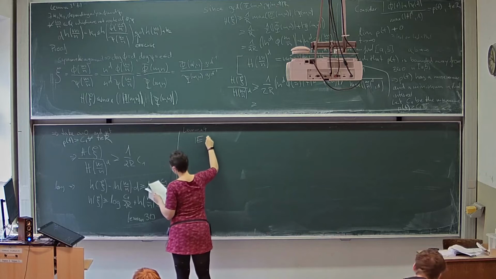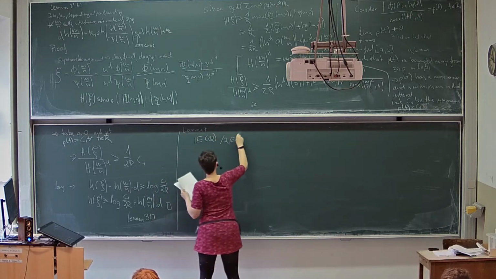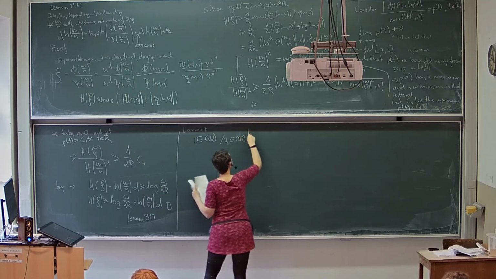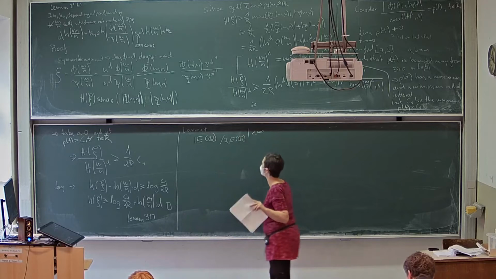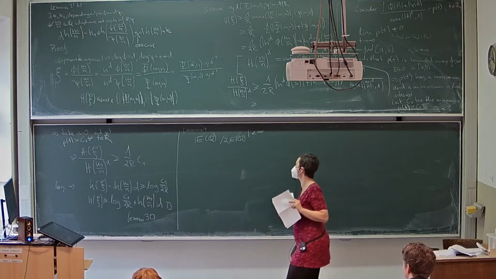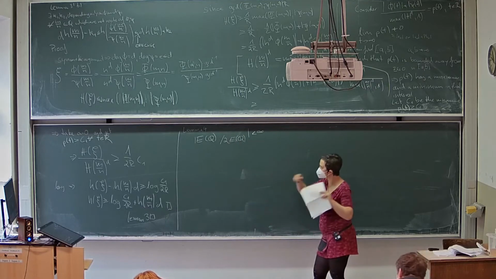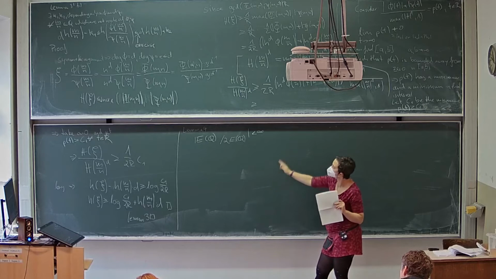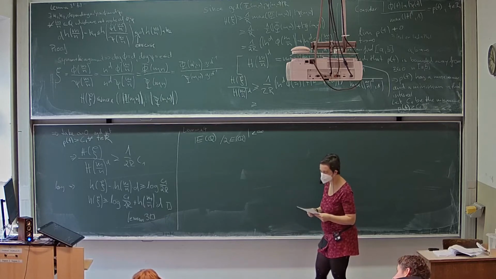Lemma 4 says that the rational points modulo the rational points that are twice some point is a finite set, or finite group even.